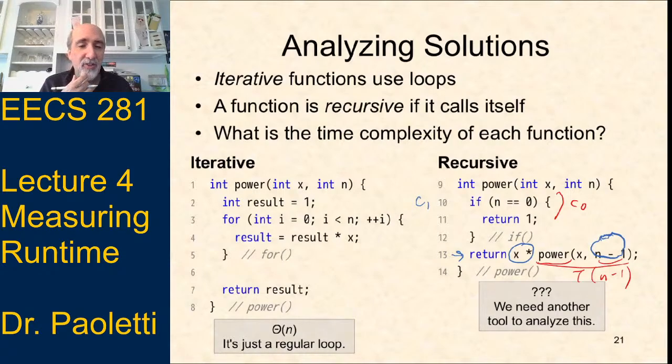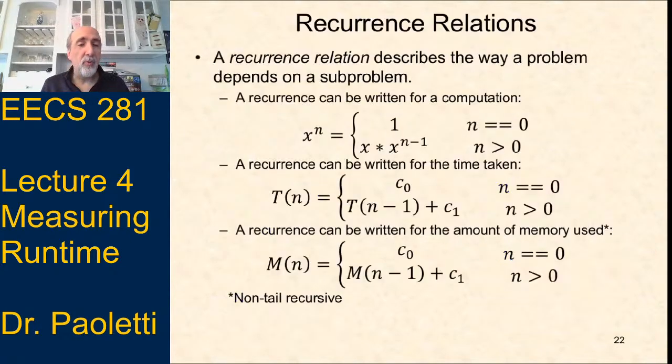So we've got a constant amount of work that we always have to do, and we've got the recursive work. So that's our recurrence relationship for the time. The time taken is the time to solve a smaller problem plus the amount of time I spent doing an if and a subtraction and a multiplication and a return statement.